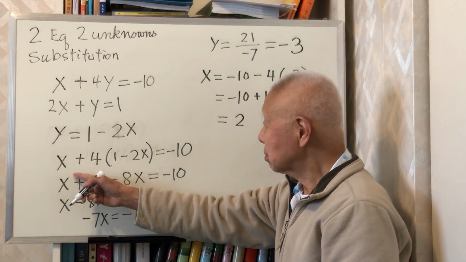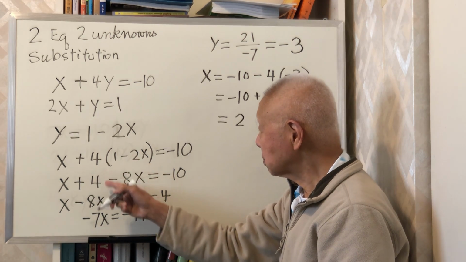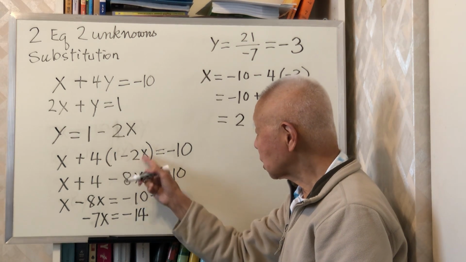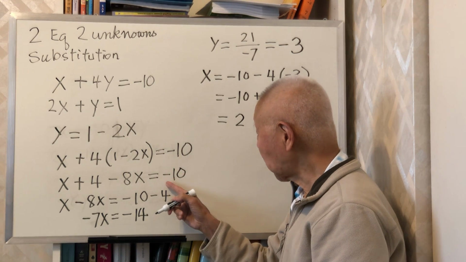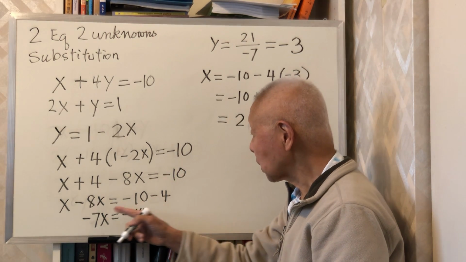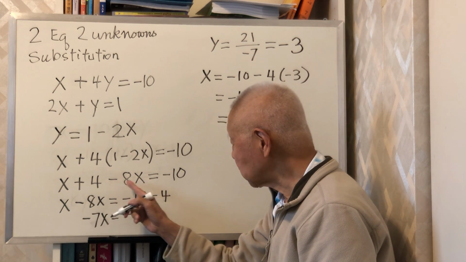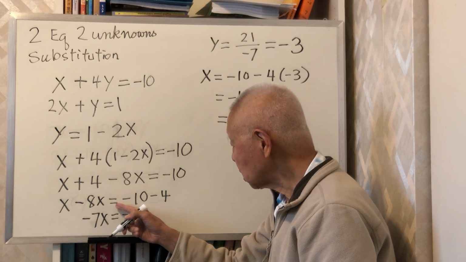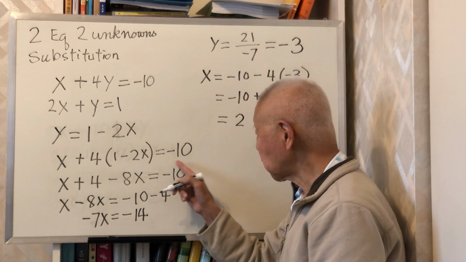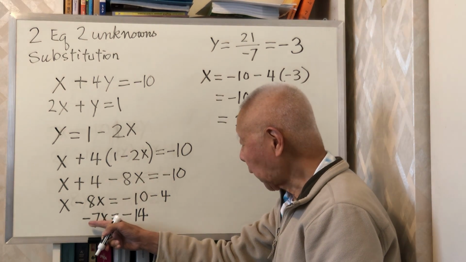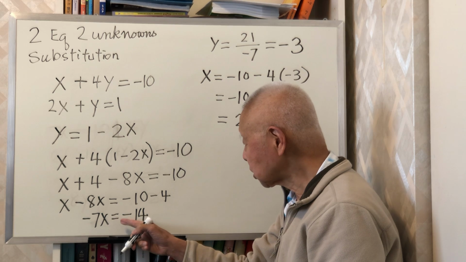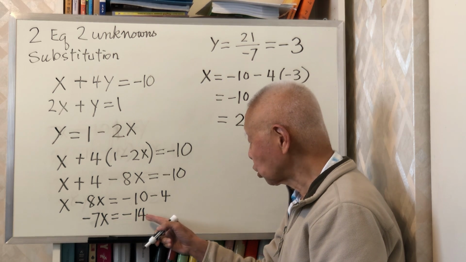Expand it. x plus 4 minus 8x equals minus 10. x minus 8x equals minus 10 minus 4. So minus 7x equals minus 14.